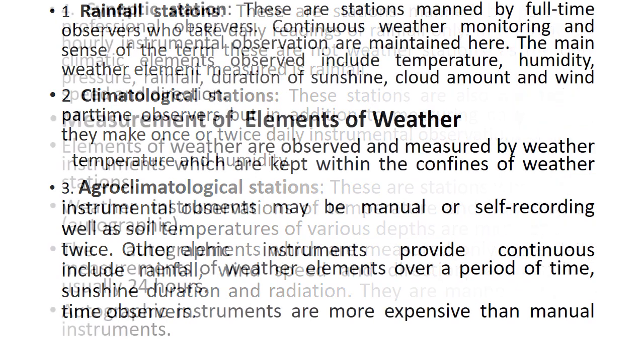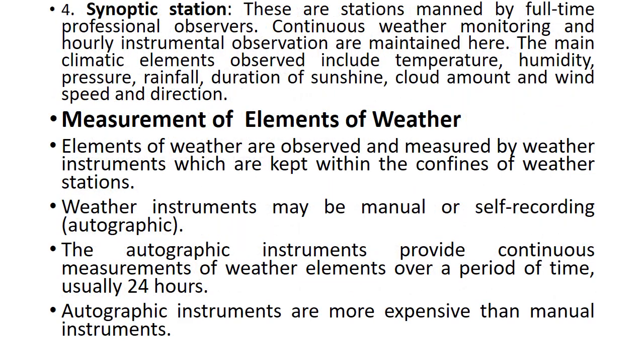Number 3, agroclimatological stations. These are stations where daily instrumental observations of temperature and humidity, as well as soil temperatures of various depths, are made once or twice. This is a special weather station, because it is directly involved in agriculture.